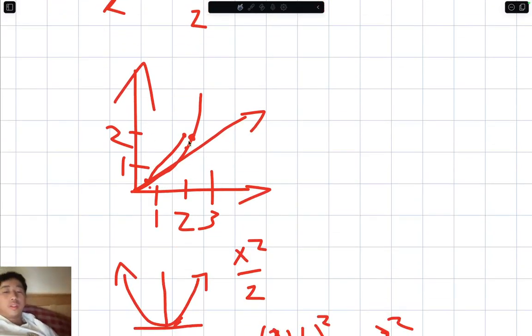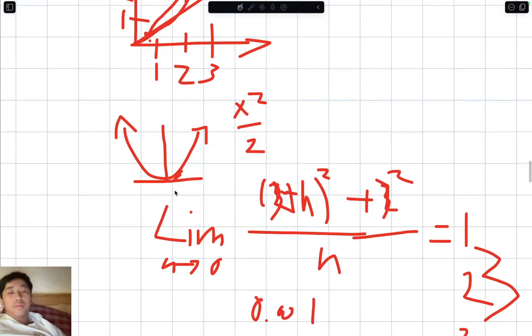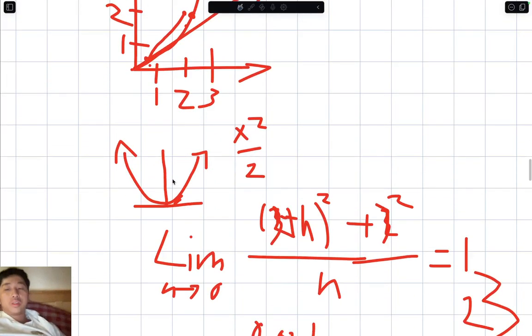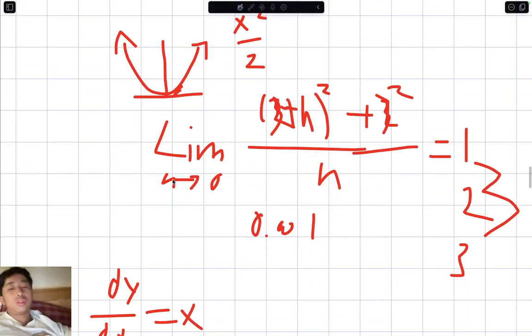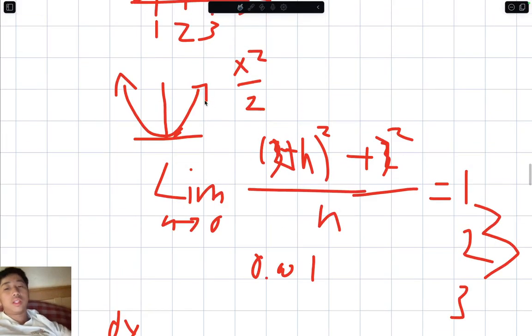And then from here, this is the graph of x squared over 2 with y equals x, as you can see. And I wanted to showcase in this one how it's very similar to its description of a derivative, and how, let's say we got the derivative of x squared over 2, right? Notice this is the limit definition.